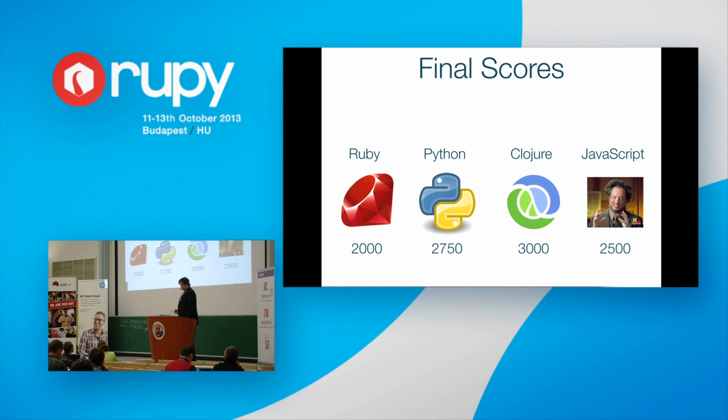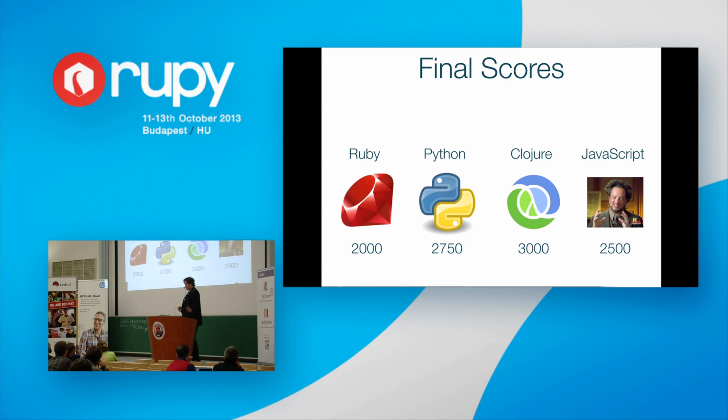That concludes the race for now. By my totally arbitrary scoring scheme, Clojure wins this, which was probably no surprise because it was set up that way.